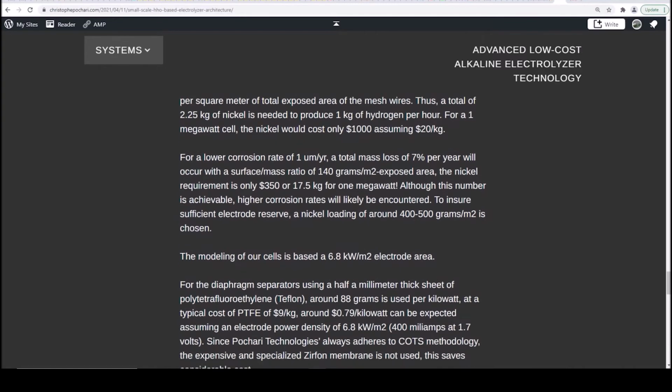That's a trade-off. But again, if we found that 1 square meter of mesh is $35, if you do 10 kilowatts for 1 square meter, it's $3.50 per kilowatt for the mesh. If you do 5, then it's 7.